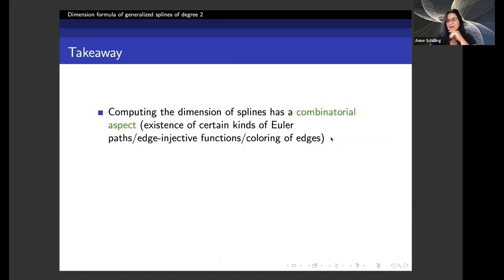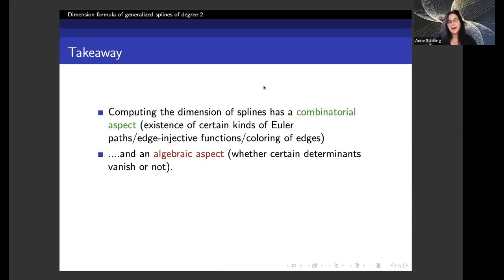Okay, so let me conclude with the takeaway from this talk. We were able to compute the dimensions of splines, and there are two aspects to the problem: a combinatorial aspect and an algebraic aspect. The combinatorial aspect was these edge injective functions, where we associate three edges to every face. And the algebraic aspect was whether certain polynomials or determinants vanish or not.